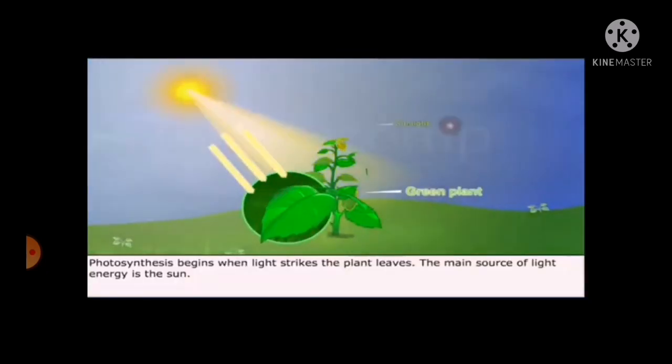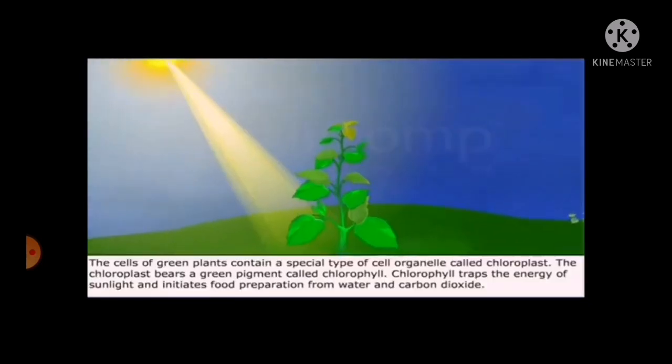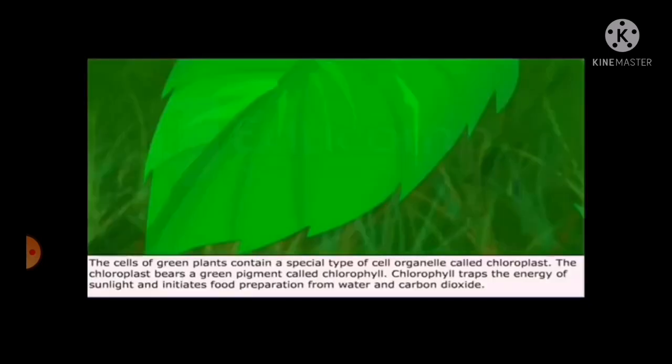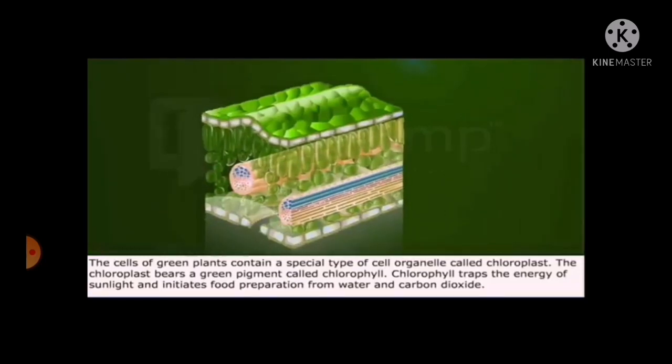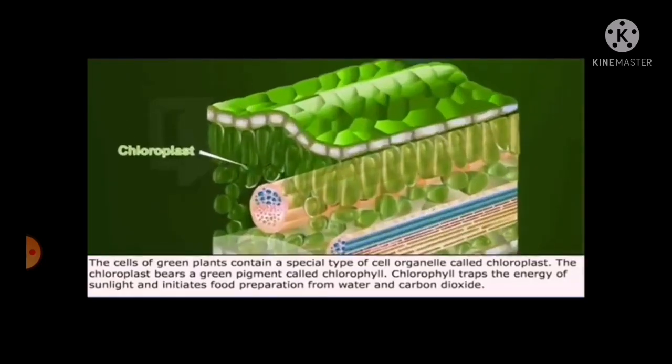Photosynthesis begins when light strikes the plant leaves. The main source of light energy is the sun. The cells of green plants contain a special type of cell organelle called chloroplast.